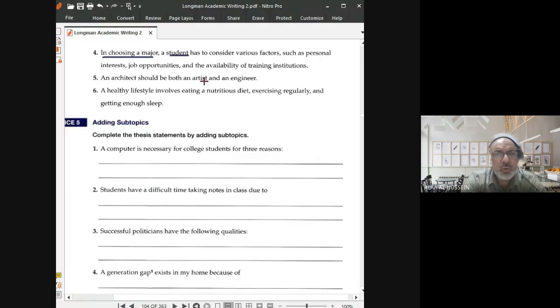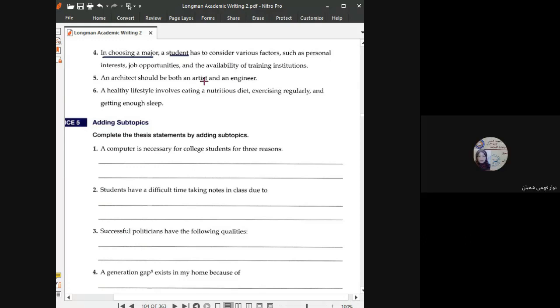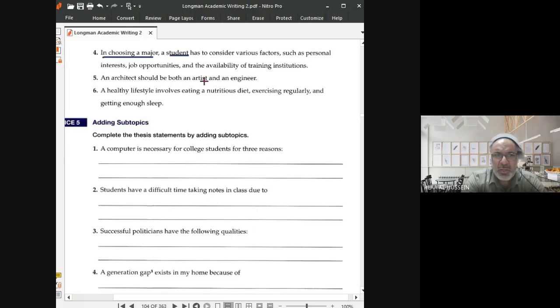So why do you choose choosing a major, not a student, as a topic? Why didn't you choose a student? Simply speaking, because we are not talking about the student as a student, we are talking about a subject, a topic called choosing a major.